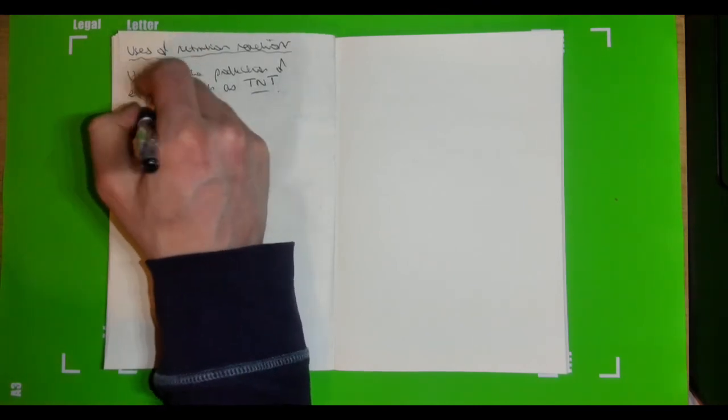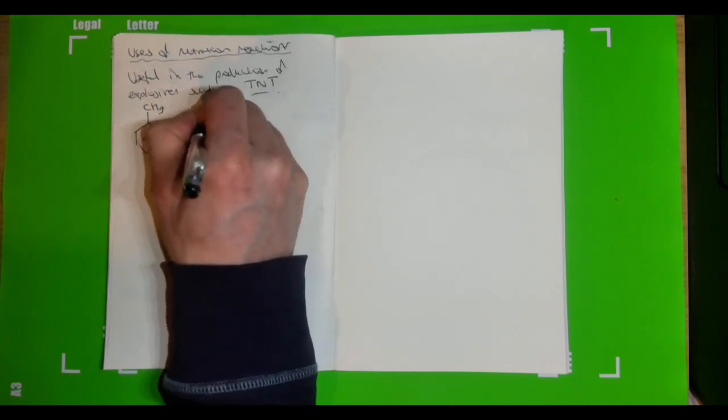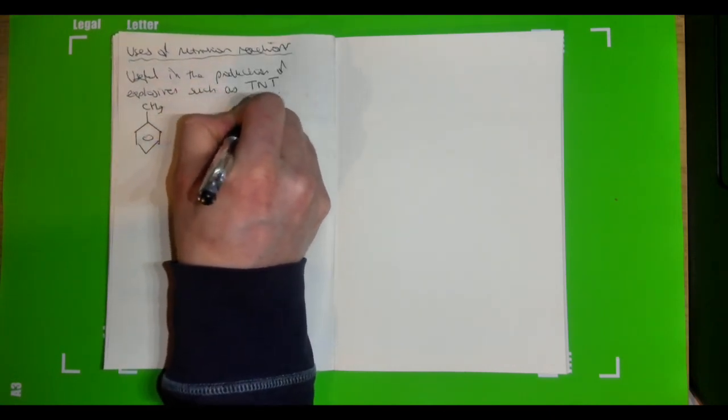So we'll look at what TNT stands for in a second. I'm going to show you a structure here. First of all, this is not TNT. This is obviously methyl benzene.